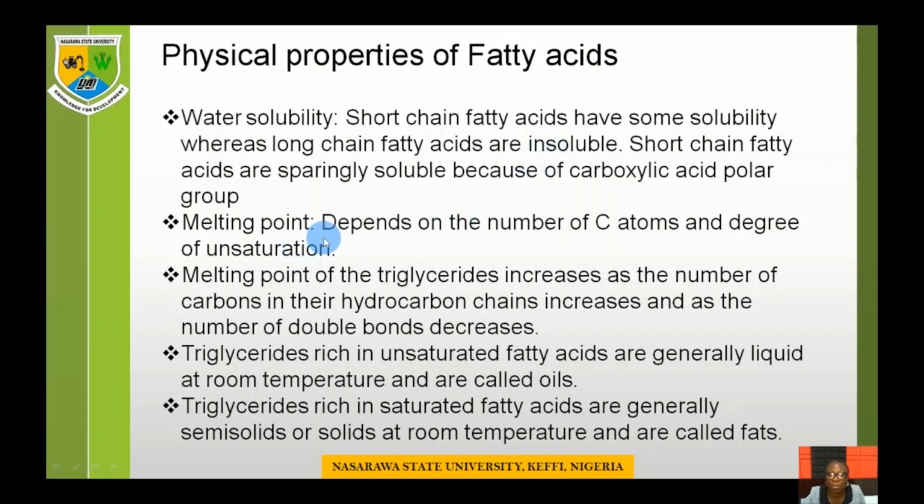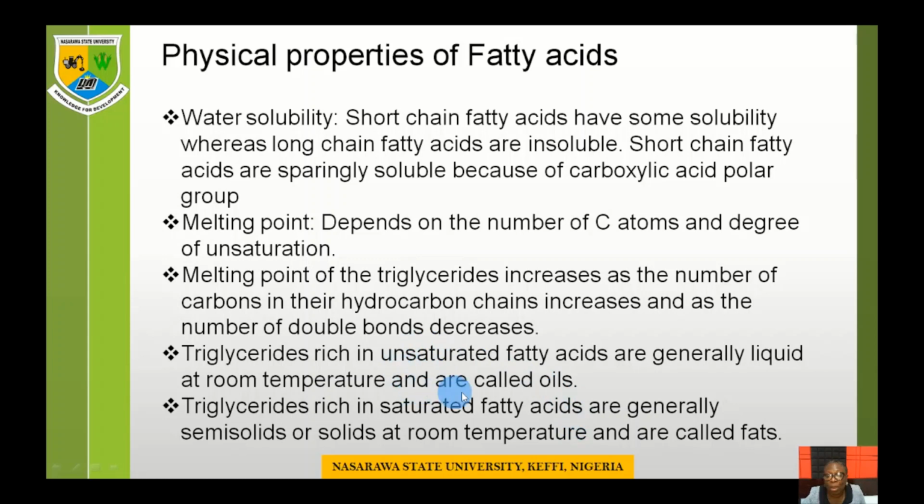The melting point. Melting point depends on the number of carbon atoms and degree of unsaturation. So the melting point increases as the number of carbon in their hydrocarbon chain increases. So the longer the chain, the higher the melting point. Also, triglycerides that are rich in unsaturated fatty acids are generally liquid at room temperature and are called oils.